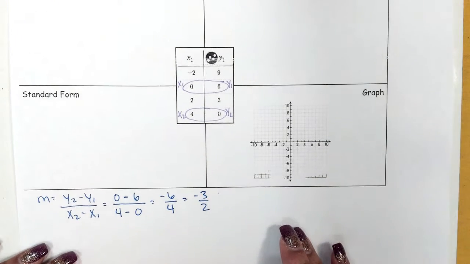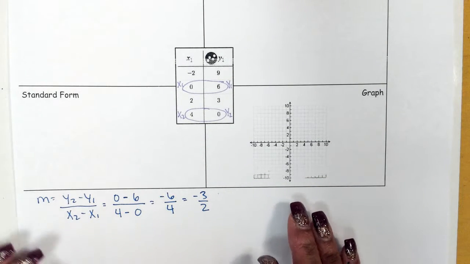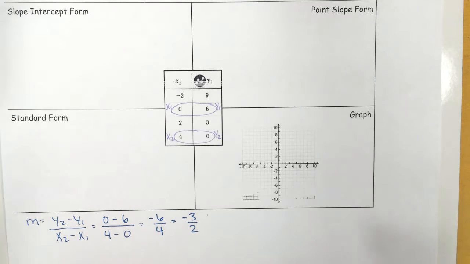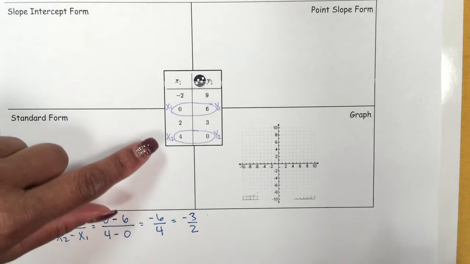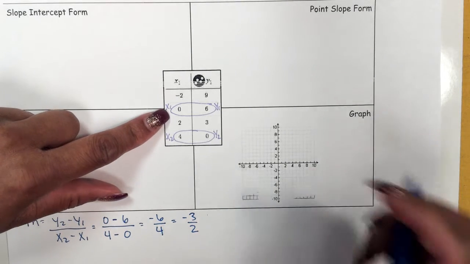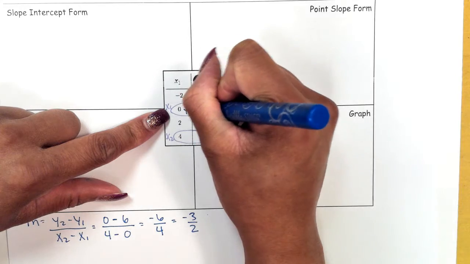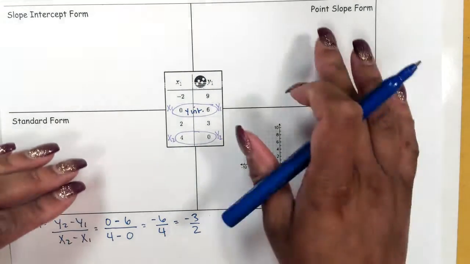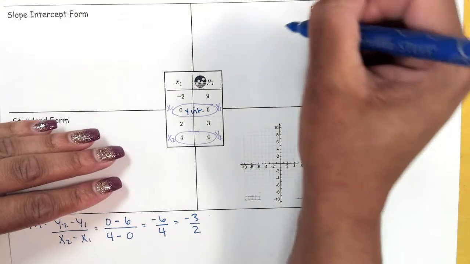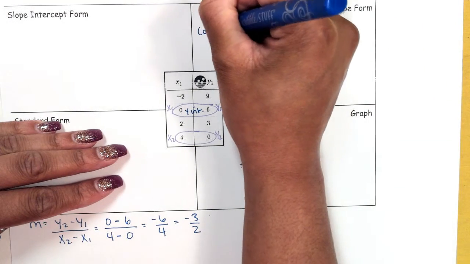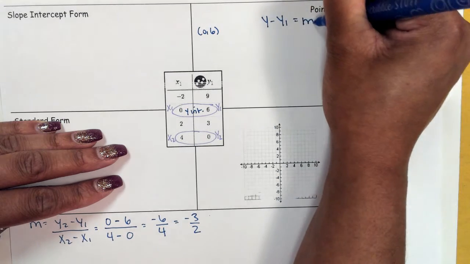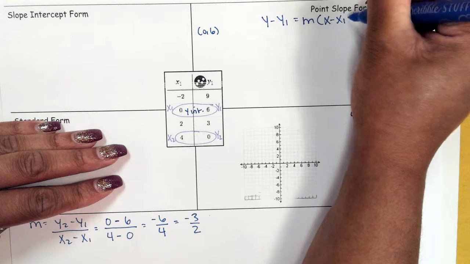So now I'm given a whole bunch of points and a slope, and several ways I can start this. I can start this using point-slope form or slope-intercept form because I'm actually given the y-intercept. Okay, so let's say we wanted to put it in point-slope form. Point-slope form, if I'm using (0, 6), y minus y1 is equal to m, parentheses, x minus x1.